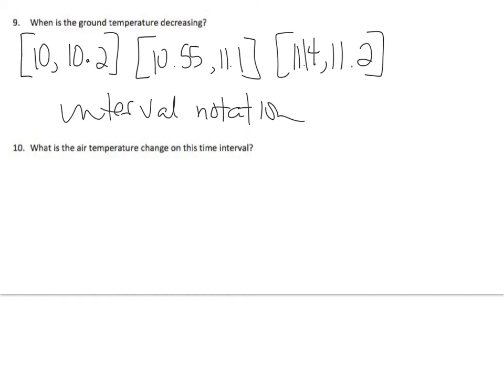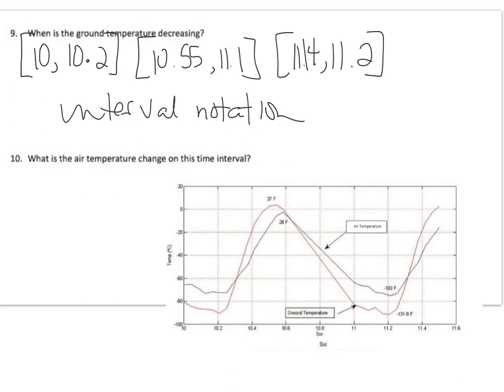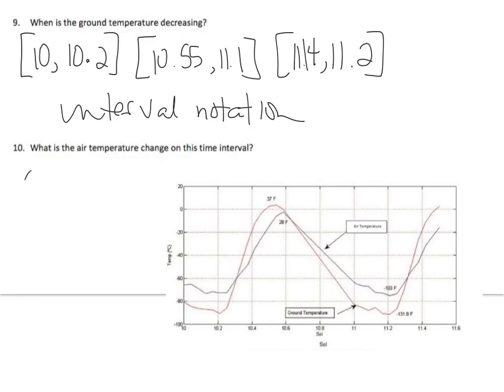And then, what is the air temperature change on this time interval? If you look at the graph, it looks like the high for the air temperature is about 28 degrees Fahrenheit, and my low is negative 103 degrees Fahrenheit.